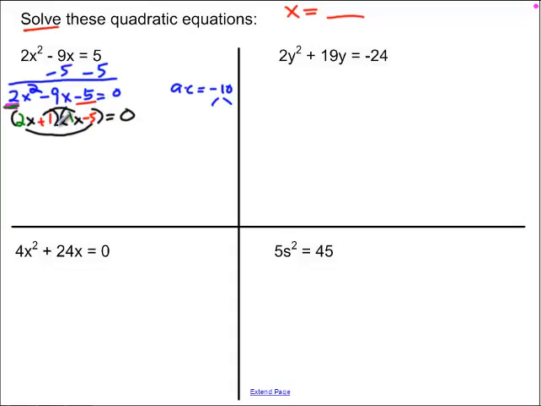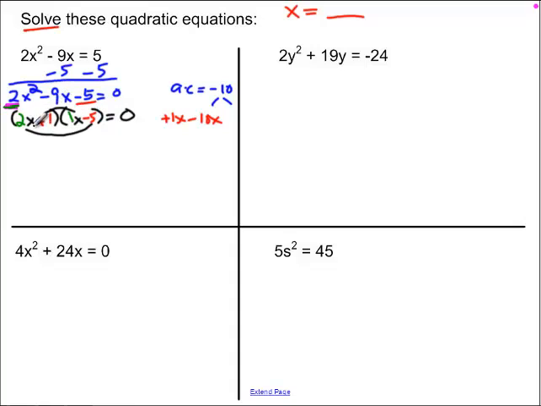In our FOIL method, this would be the last multiplication: plus 1 times negative 5 is negative 5. If we add up the inside and outside terms, inside would be plus 1x. Outside term would be 2x times negative 5, minus 10x, which adds up to negative 9x. So that's a good factorization.